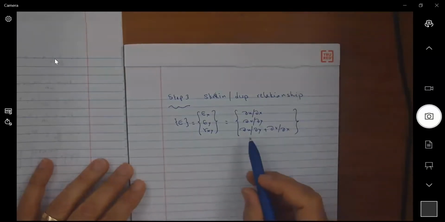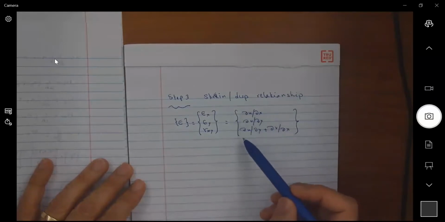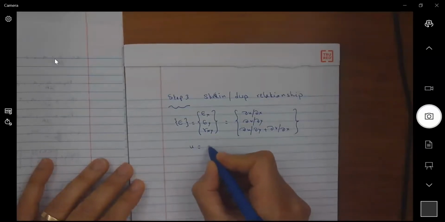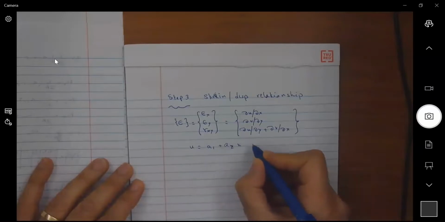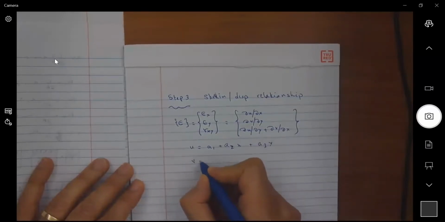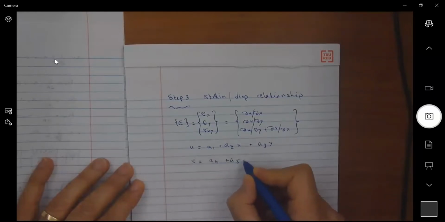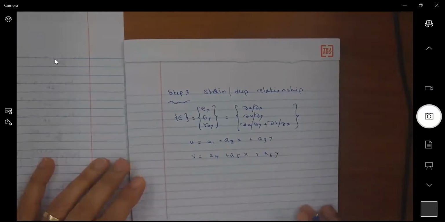Now, having expressed u and v using the displacement function, we had u equal to a1 plus a2x plus a3y, and v equals a4 plus a5x plus a6y.